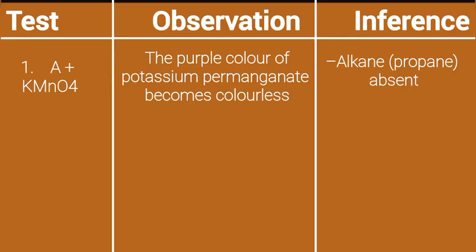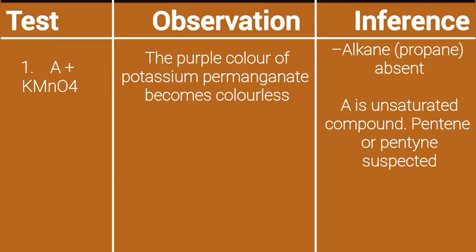Remember, we've eliminated propane, our alkane, because alkane will not affect the purple color of potassium permanganate. But in this case, I am assuming that the purple color of potassium permanganate became colorless. So that eliminates our propane. It means that liquid A cannot be an alkane. So we are left with the 2 unsaturated compounds, pentene and pentyne, suspected.